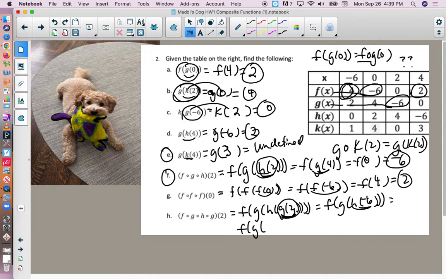F of G of H of negative 6. H of negative 6 is 0. So I have F of G of 0. G of 0 is 4. And then finally I follow my chain to F of 4, which I finally got 2. So it's like building blocks.